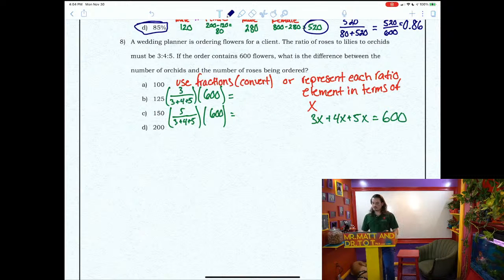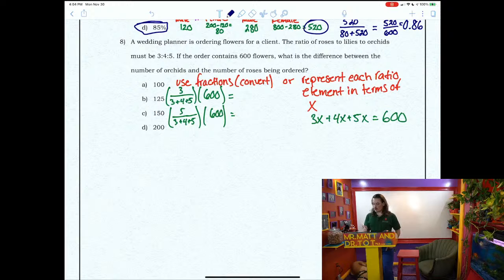So the number of roses that this person is ordering is going to be 3 over 3 plus 4 plus 5. In other words, it's going to be 3/12 of the 600 roses. The number of orchids is going to be 5 over 3 plus 4 plus 5, or 5/12 of the total 600.